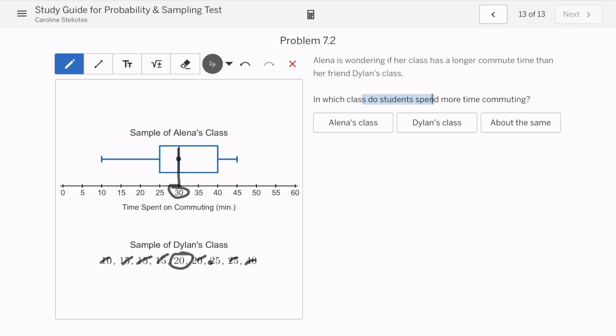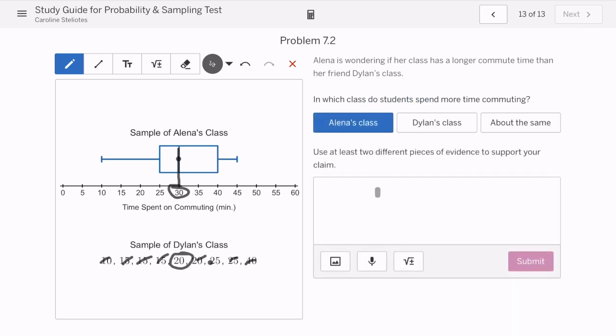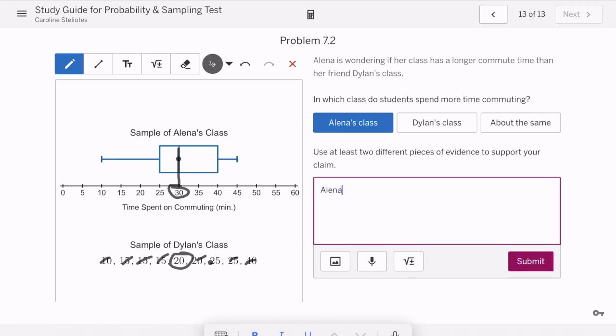So in which class do students spend more time commuting? That's going to be Alina's. Alina's class has a median of 30 minutes of commuting time, while Dylan's has a median of 20 minutes.